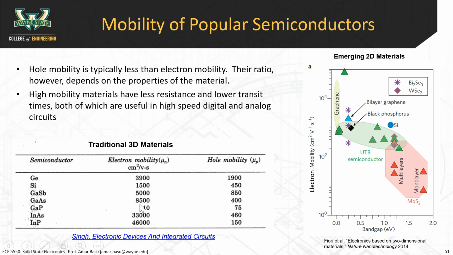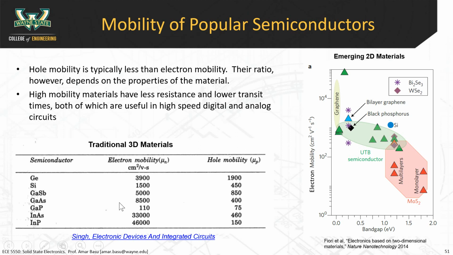One of the things you'll notice is that the indium materials have massive electron mobilities, almost tenfold higher than silicon, sometimes even more. Germanium has more than twice the mobility of silicon. So high mobility materials are useful for high-speed electronics.